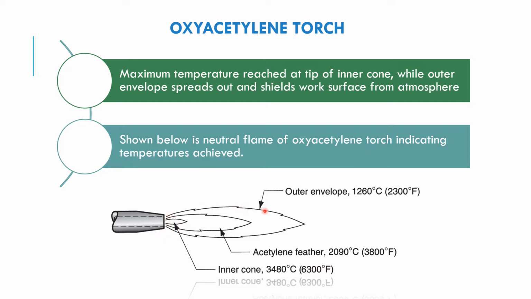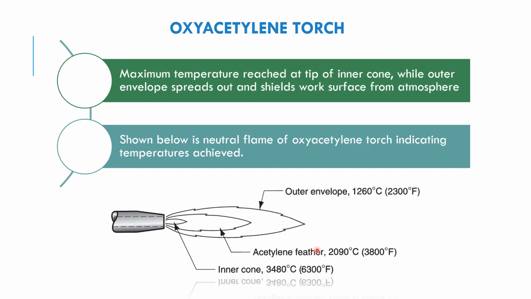So there are three levels of gas combustion over here. There is the outer envelope where the temperature is the lowest, which is around 1260 degrees Celsius. This outer layer spreads out and shields the work surface from the atmosphere, and then the middle one is the acetylene feather.